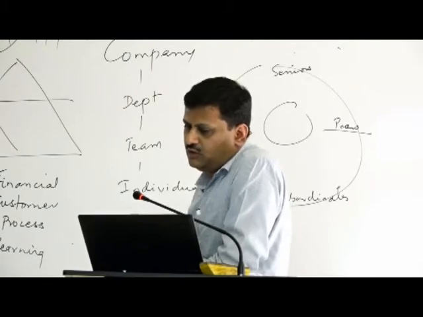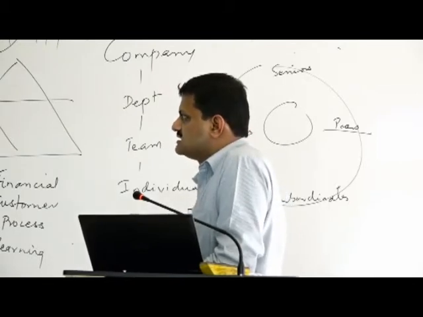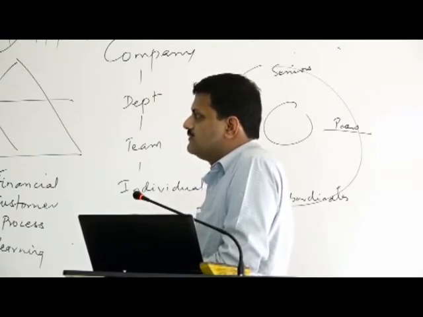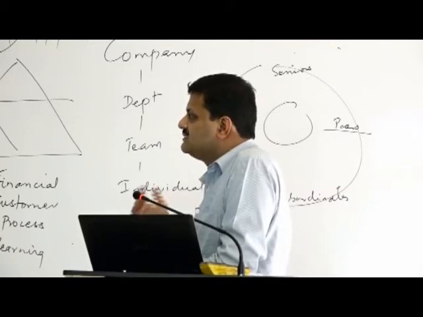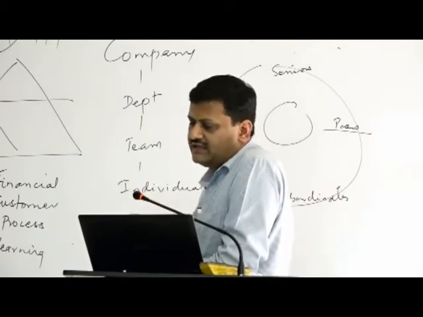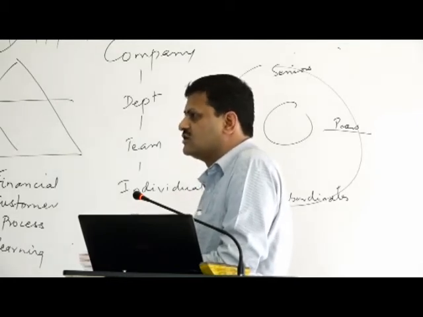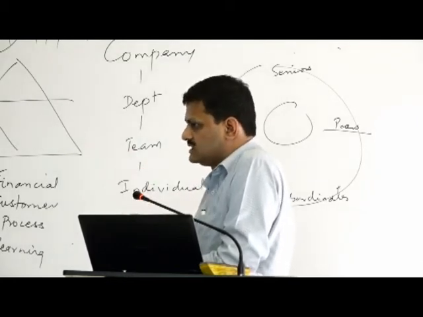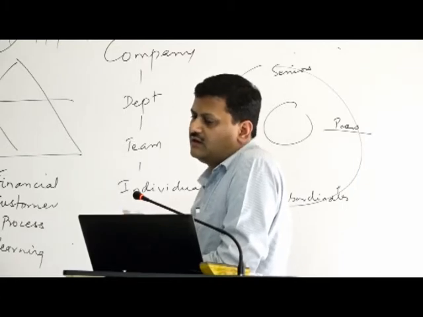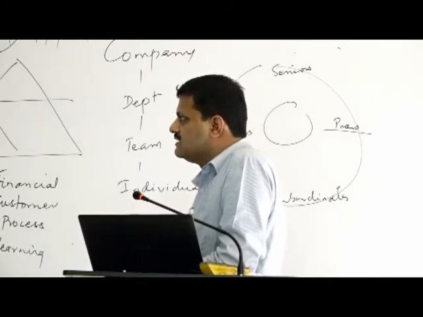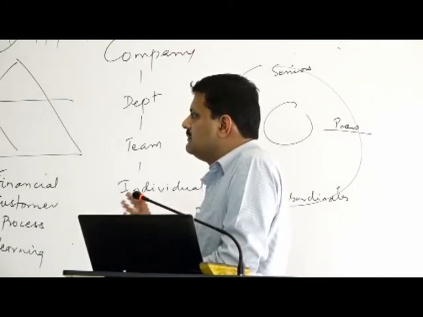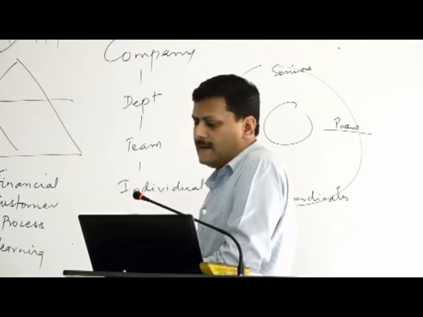Right. Now, how does environment impact this structure? So, if the rate of change is extremely high, right, then it has to be team based, or they call it a clan. There could be a formal structure or informal structure. If the environment is stable, then it is better to have a mechanistic structure. Okay.